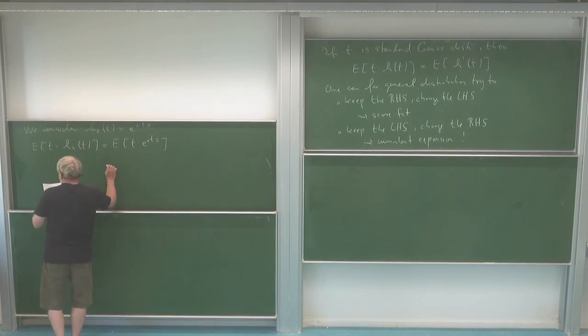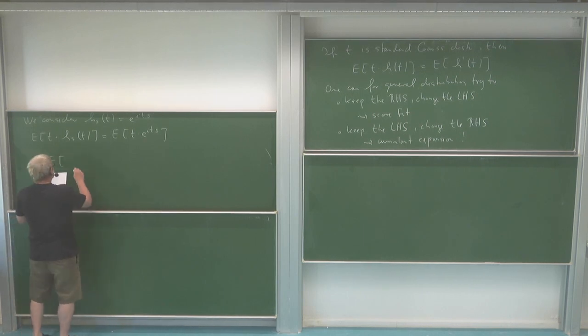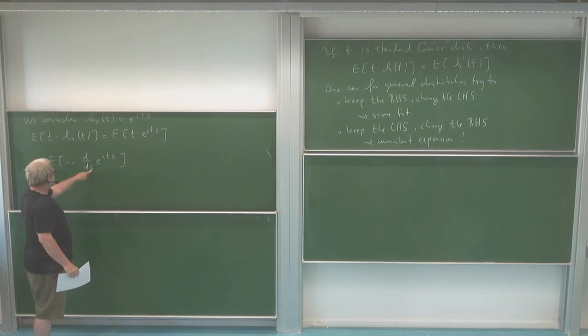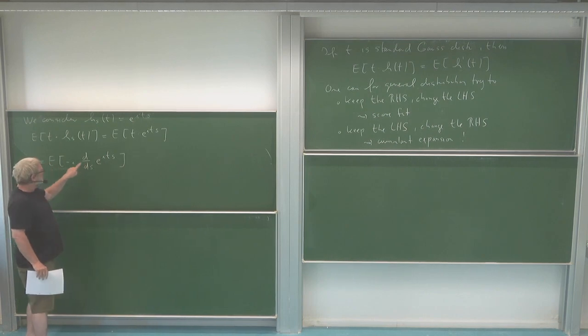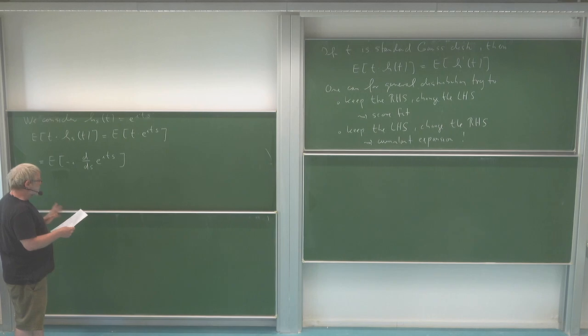So I can say this is the same as the expectation of, I should get also minus i, and then the derivative with respect to s of e to the i t s. If I take this derivative, I will get down the t, but I will also get down the i. So I cancel this with this minus i here. Okay, so I get this.